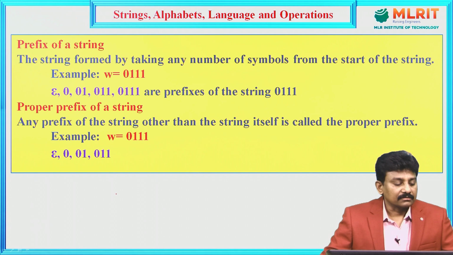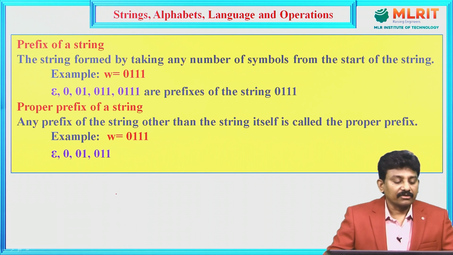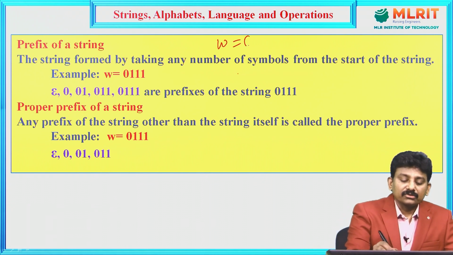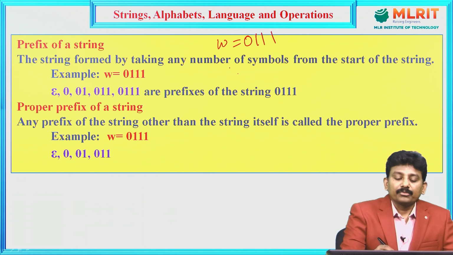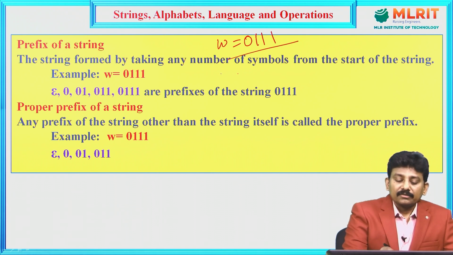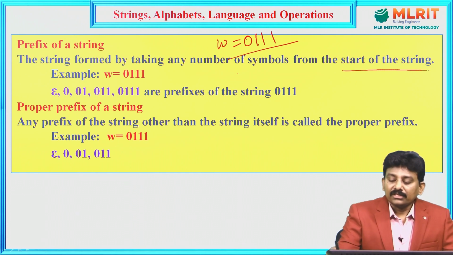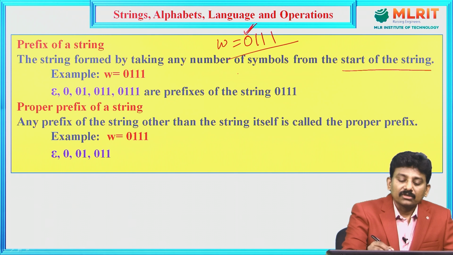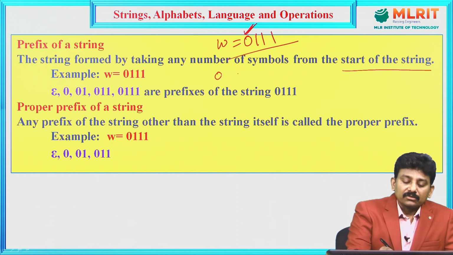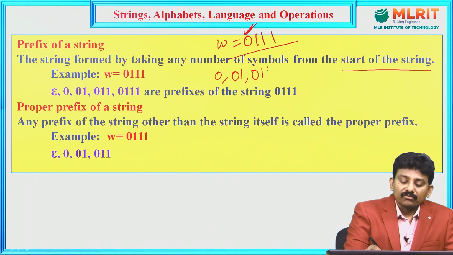Prefix of a string: the string formed by taking any number of symbols from the start of the string. For example, W is equal to 0, 1, 1, 1. We can take any number of symbols from the starting of the string. So I can take 0, or 0, 1, or 0, 1, 1, or 0, 1, 1, 1 as prefixes.